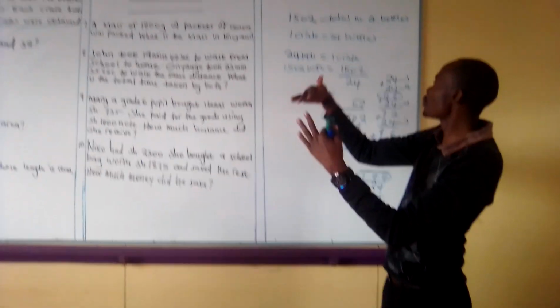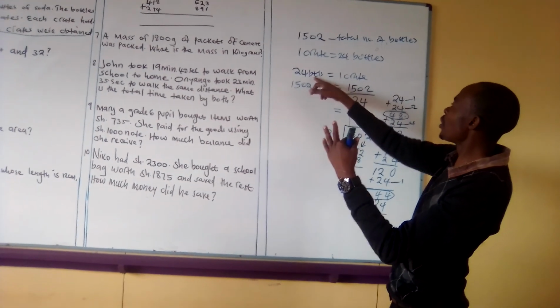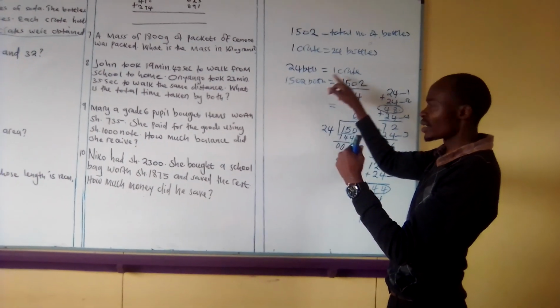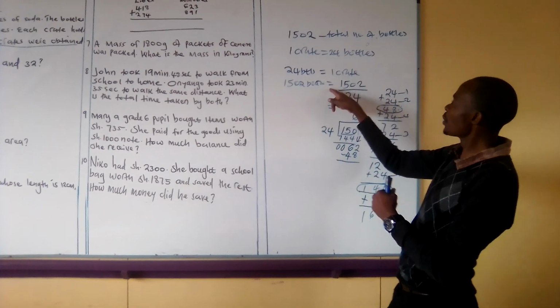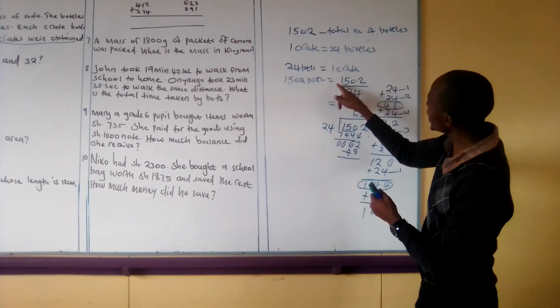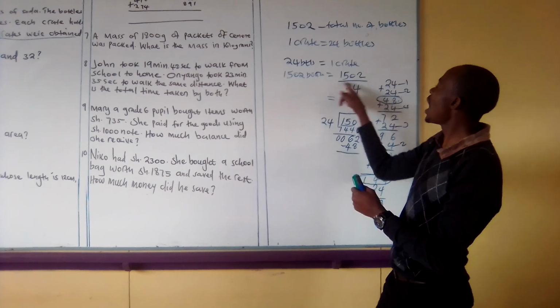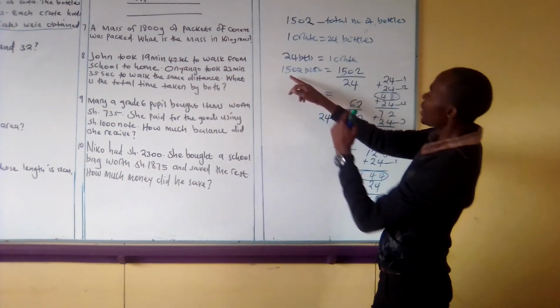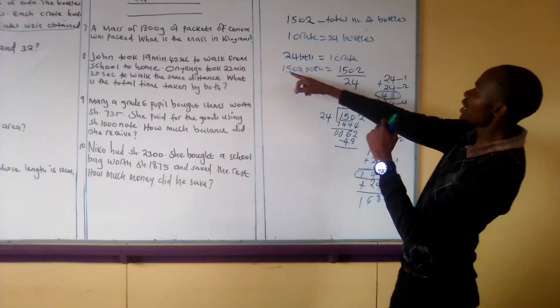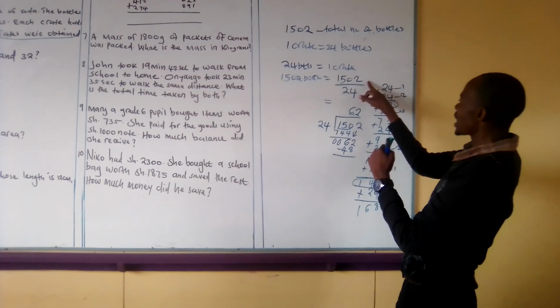as a cross multiplication. 24 bottles is equal to 1 crate. What about 1,502 bottles? So we will have to write 1,502 out of 24 because they are on the same side. But since this is the question, this is the statement we start with.